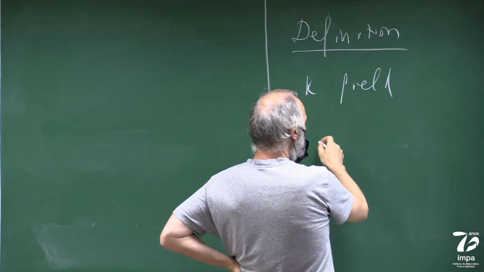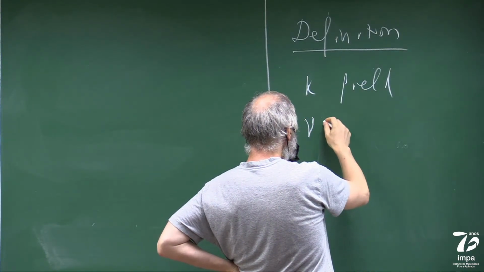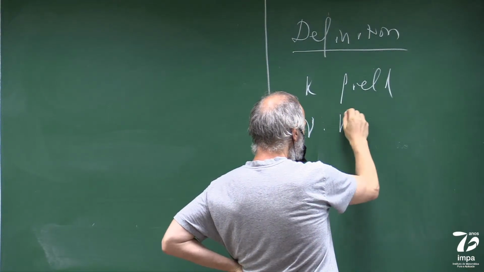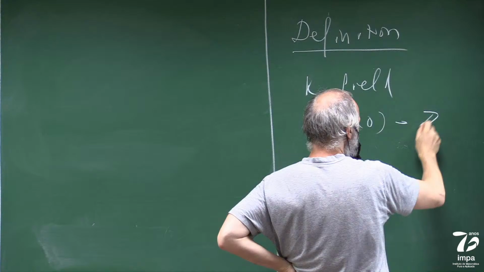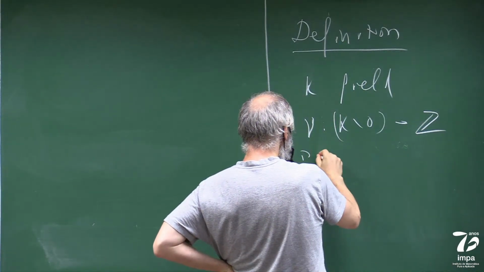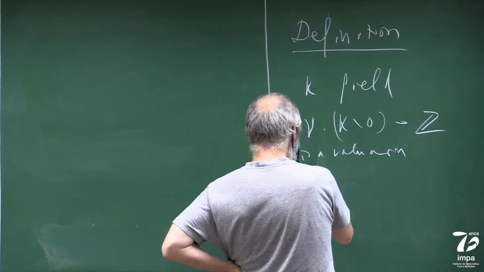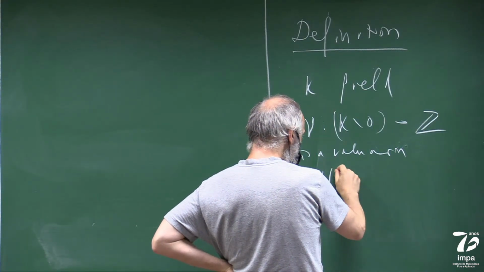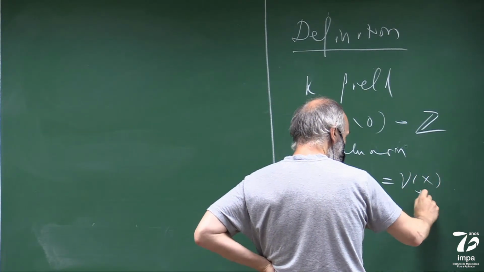Then you have a map, multiplicative in the following sense, from K without 0 to Z. It is a valuation if nu is a homomorphism, so nu of xy is nu of x plus nu of y.